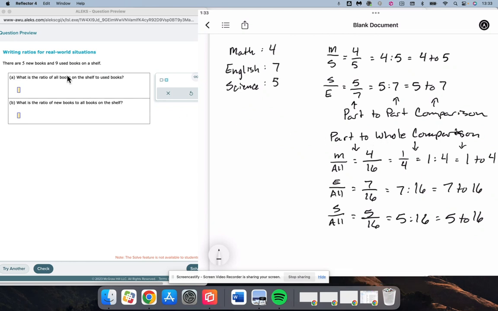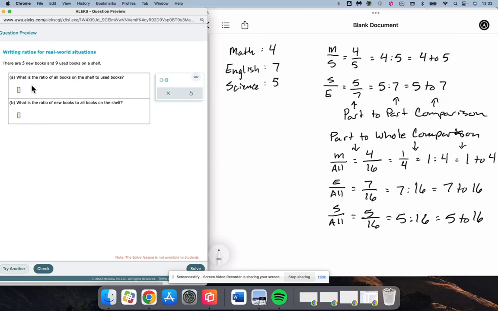As we read these, the language is going to be important here. We need to figure out, are we doing a part to part comparison or a part to whole comparison? So there are 5 new books and 9 used books on the shelf. Ratio of all books on the shelf to used books. We need all the books first and then the used books second.